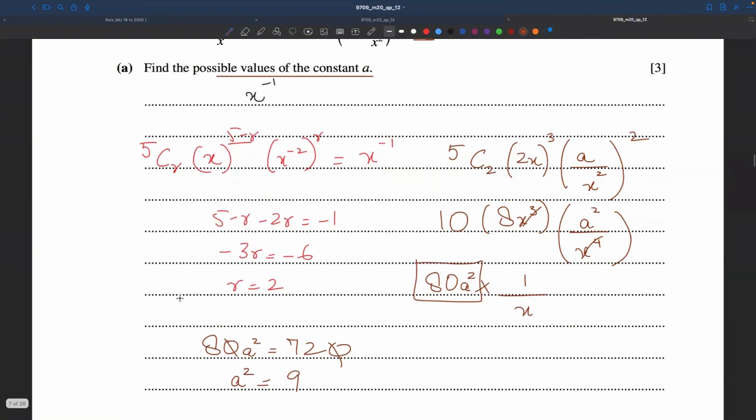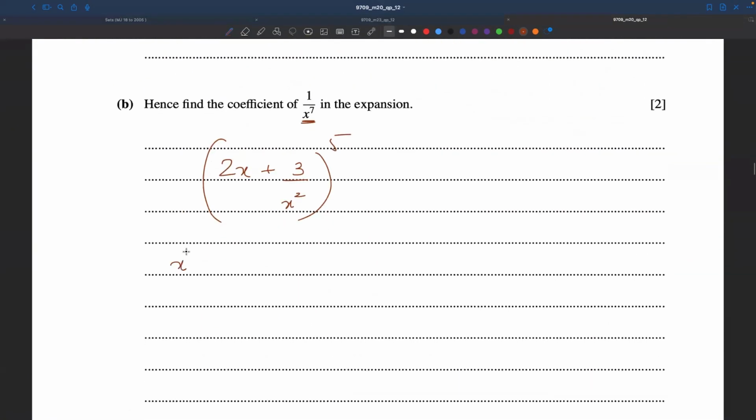So I will write x to the power of 5 minus r multiplied by x power minus 2r is equal to x power minus 7. So what will I get? 5 minus r minus 2r is equal to minus 7. So minus 3r is equal to minus 12. r will be equal to 4. So what we will use is 5C4 to get 1 upon x7. Clear?